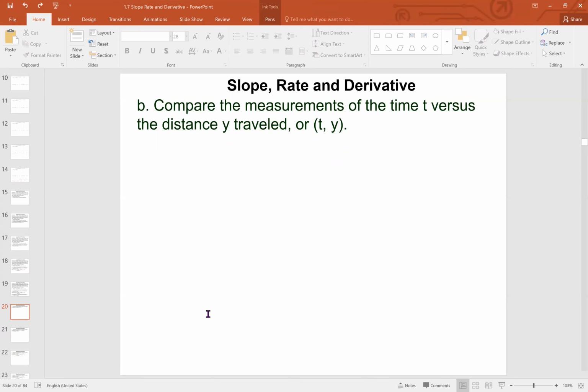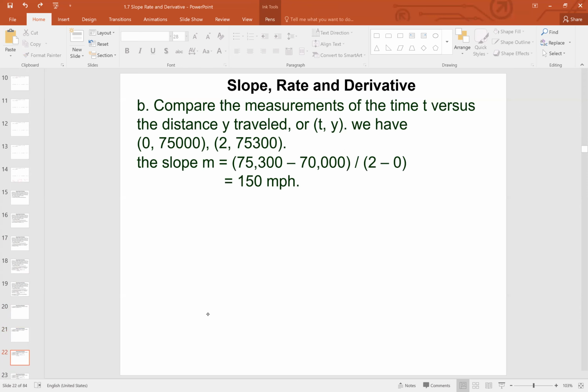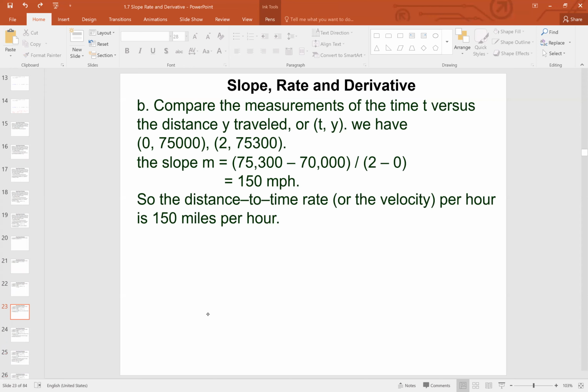If I want to calculate the slope between the variables t and y, where y is the distance traveled and t is the amount of time, we divide the distance covered by the 2 hours we spent, and the ratio is 150 miles per hour.